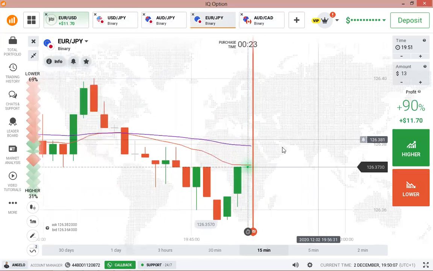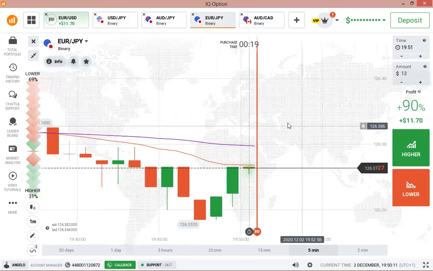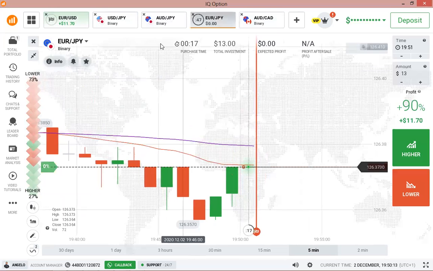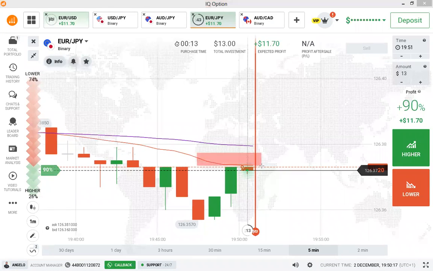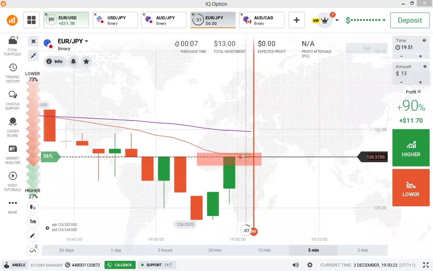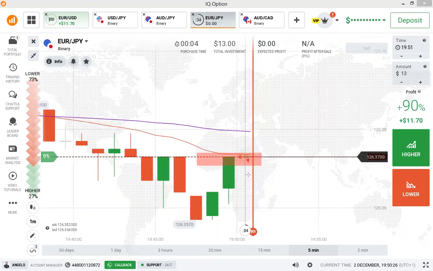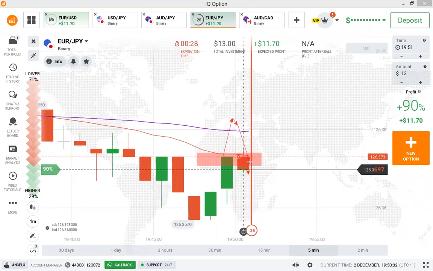Okay, so this one now is very close to the moving average. So I'll go with sellers. The reason why I go with sellers here is because it's very close to the moving average. A Marubozu that is very close to a support zone or resistance zone will reverse the market. Or a Marubozu that closes above a support zone or resistance zone will also reverse the market.